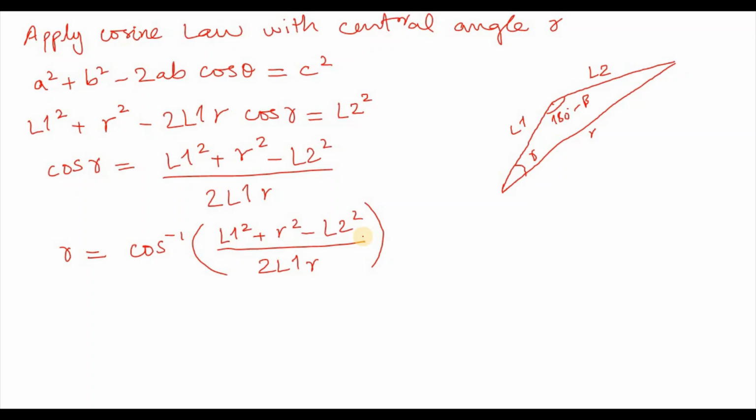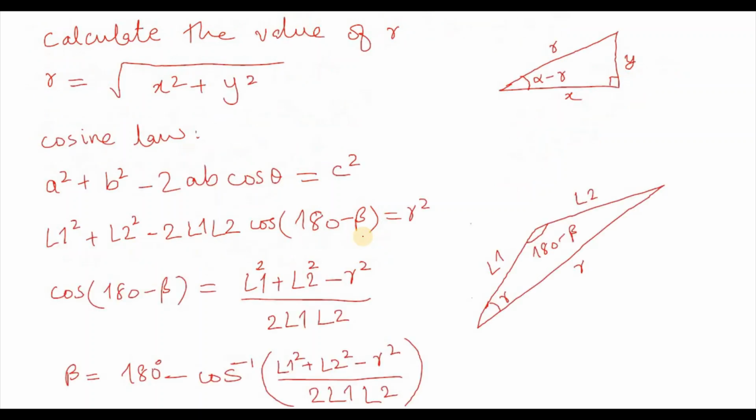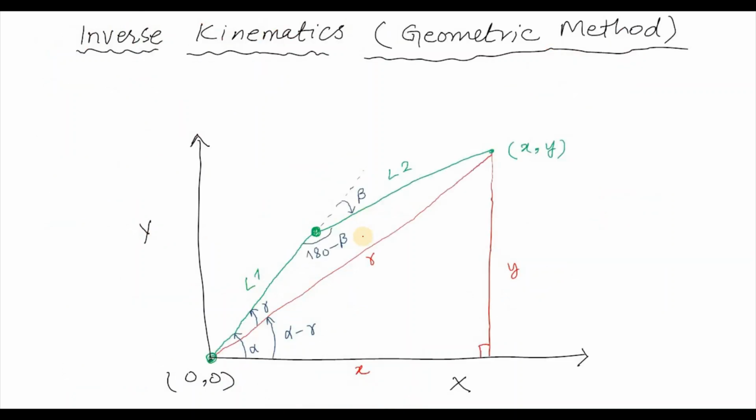Okay, so this is how we can calculate your gamma angle. So once we have gamma angle, then we can now go back to our main triangle here. This triangle, which was a right angle triangle. And here the gamma angle is known. X is known, Y is known, and also R is known.